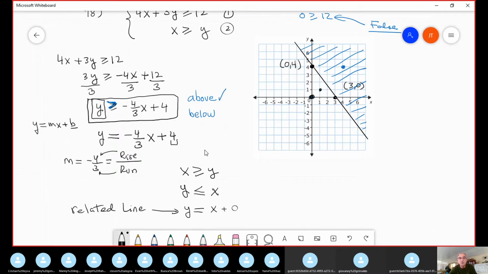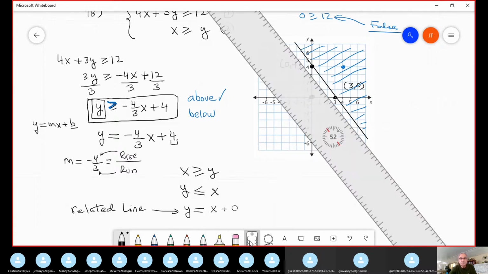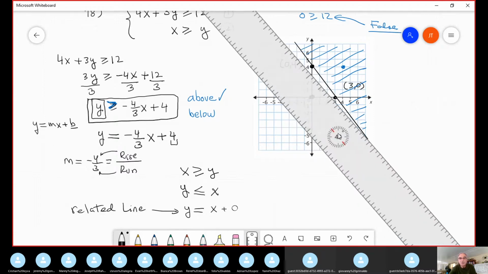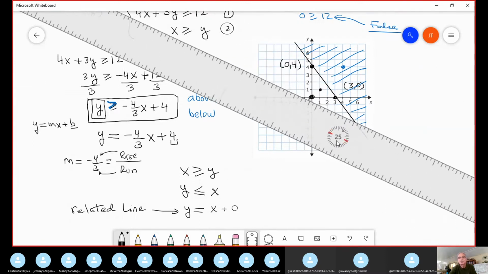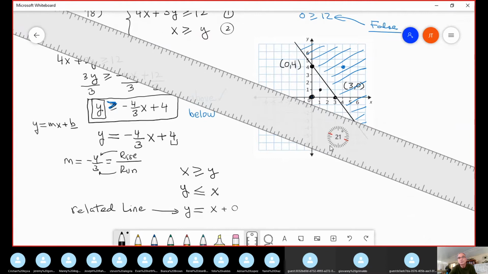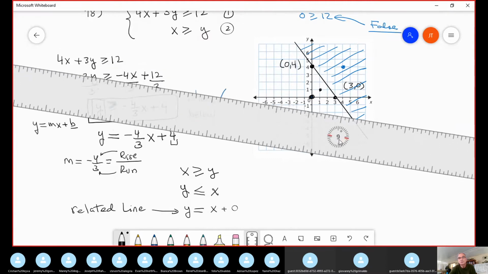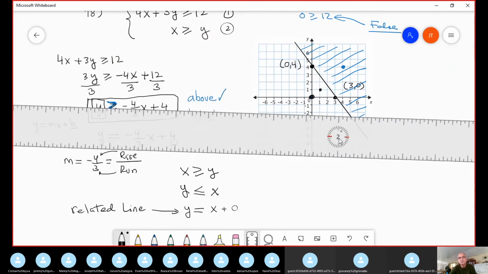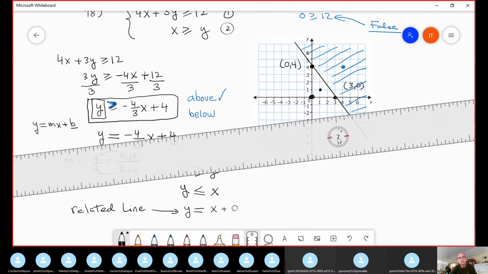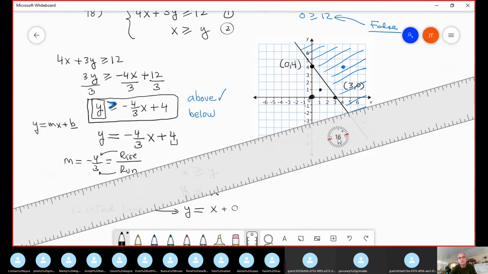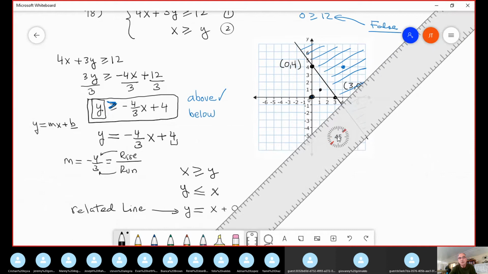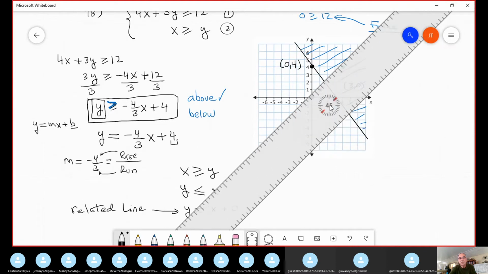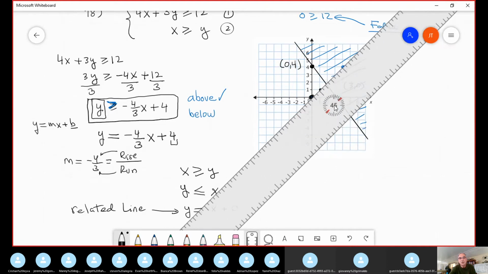Boom, boom. 45 degrees. I put a ruler here.